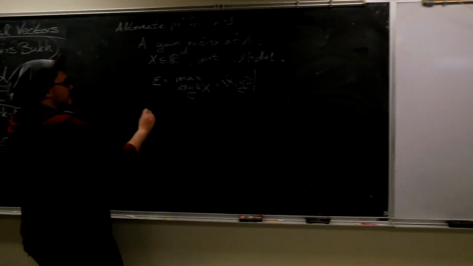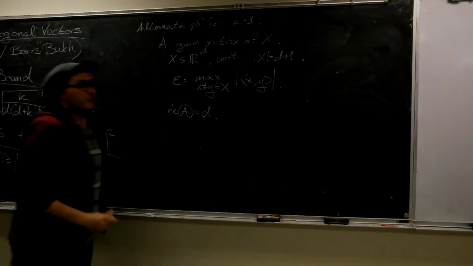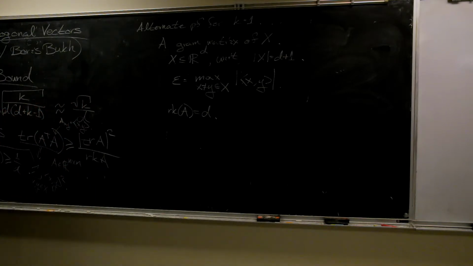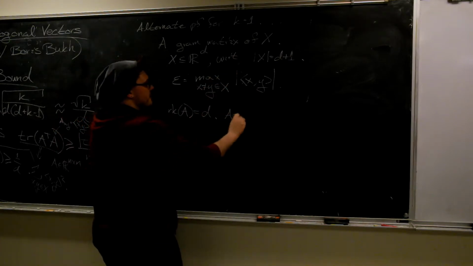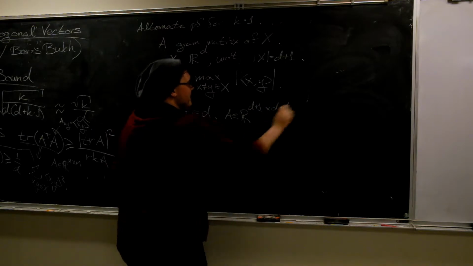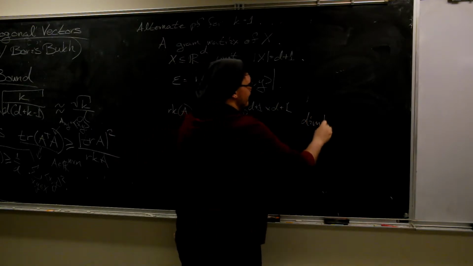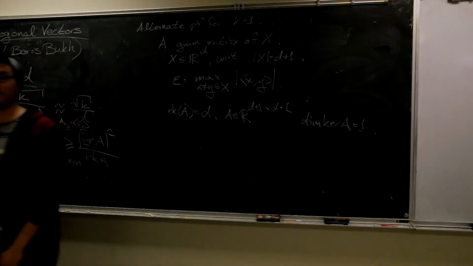All right, so let's notice that the rank of A in this case is at most d. The vectors come from R^d, so the rank of the Gram matrix is at most d. Well, A is also a real d plus 1 by d plus 1 matrix. So we know that the dimension of the kernel is at least 1. There is a vector in the kernel.